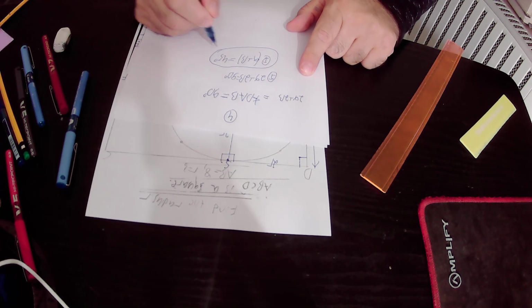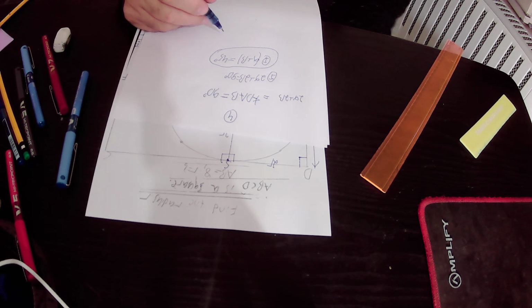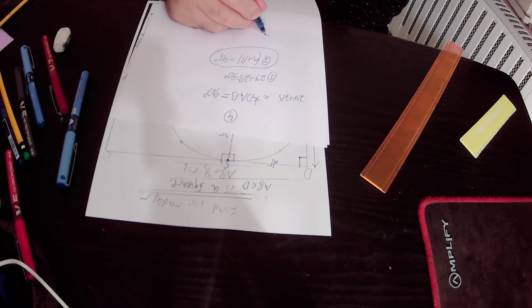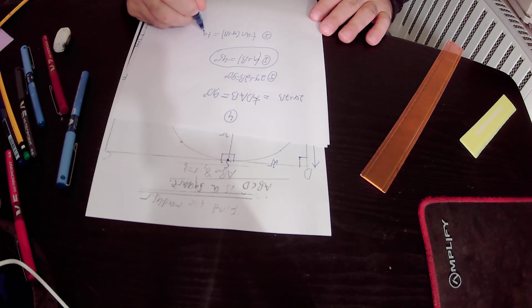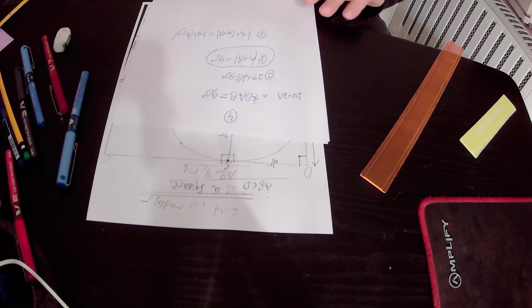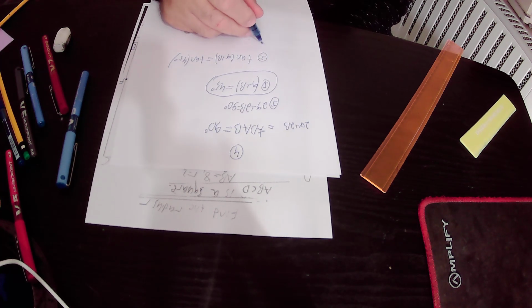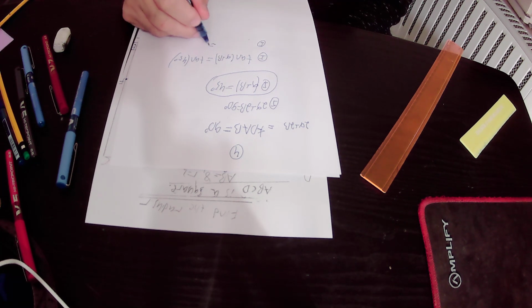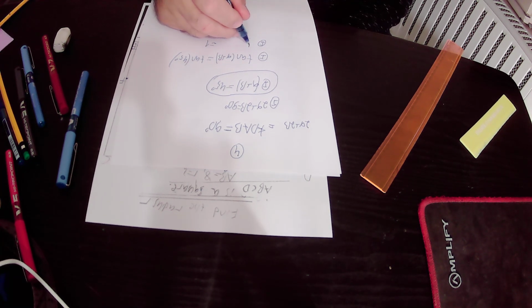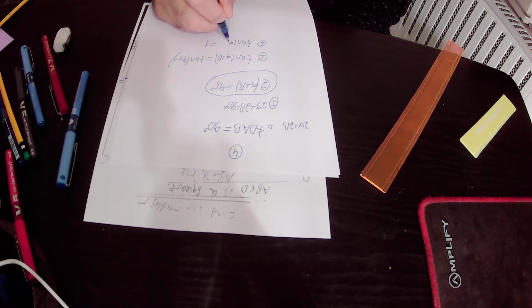If alpha plus beta equals 45 degrees, then tangent of alpha plus beta equals tangent of 45 degrees, and we know that tangent of 45 degrees equals 1. So tangent of alpha plus beta equals 1.